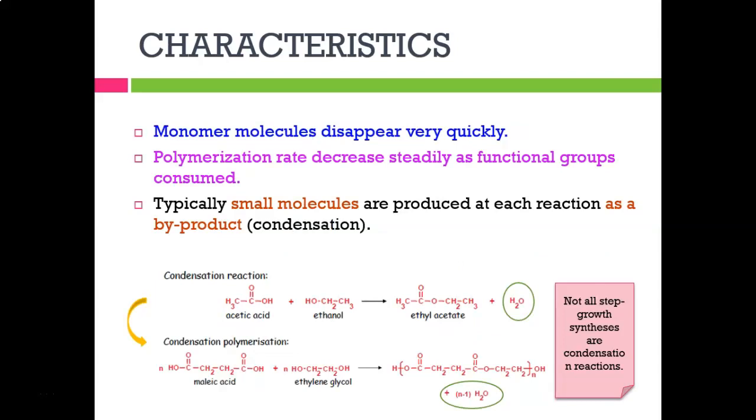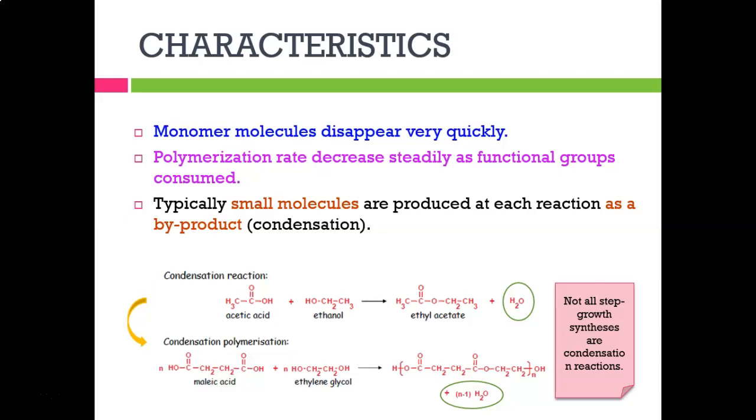Monomer molecules disappear very quickly during the reaction process of step growth polymerization, and the polymerization rate will decrease steadily as functional groups are consumed. This means that during the reaction time, the polymerization rate will decrease slowly until all the functional groups have been consumed.